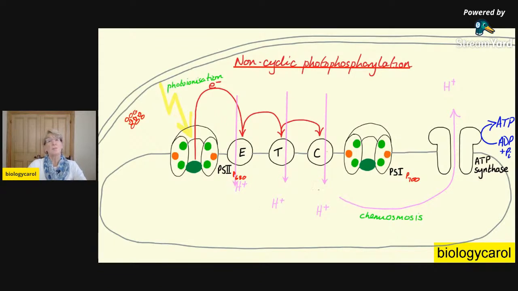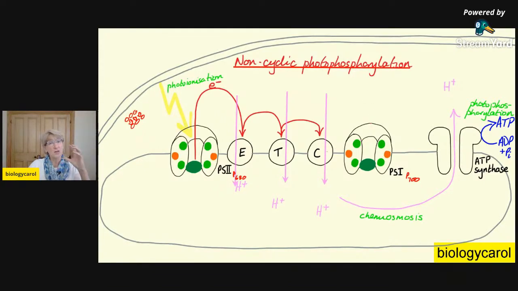This whole buildup of a hydrogen ion gradient and it going through the ATP synthase is chemiosmosis. Right, where are we going now? And this is photophosphorylation, what we have set out to do by this non-cyclic process.